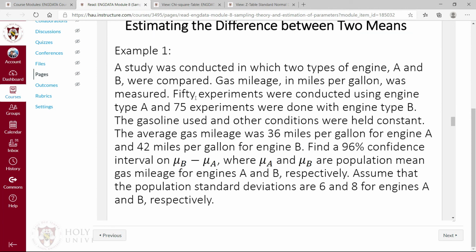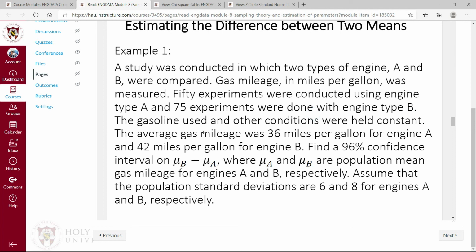So for example 1, a study was conducted in which two types of engine, A and B, were compared. So you have your comparison here. Gas mileage in miles per gallon was measured. 50 experiments were conducted using engine A, so n1 for A is 50, and 75 experiments for B. Gasoline use and other conditions were held constant.